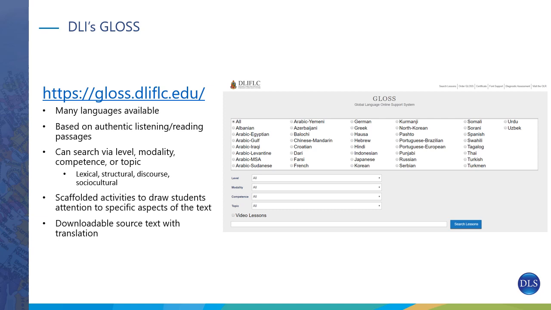You can search by level, also by modality, whether it's listening or reading. You can also search by topic or competence. So the competencies are lexical, vocabulary, structural, which is grammar, discourse, which is kind of organizational things about a passage, and then also sociocultural. So there are a lot of different ways that you can search for a lesson to find something that fits not only the level but also the topic and maybe even a skill or something you're trying to focus on.